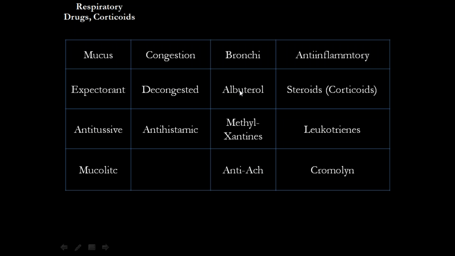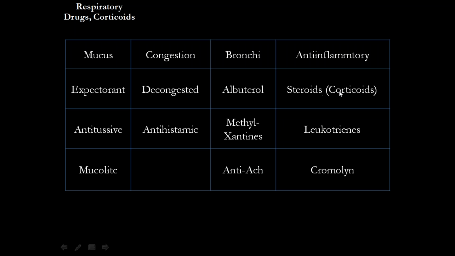One of the things I want to remark is albuterol is for acute situations. It has an immediate action. So in acute crisis of bronchospasm, they're going to use albuterol. Methylxanthines are going to be used when other medications are not making an effect. Anticholinergics sometimes are used to dry the secretions.